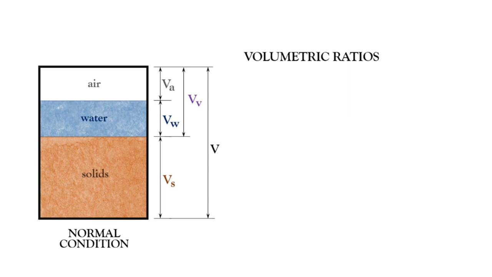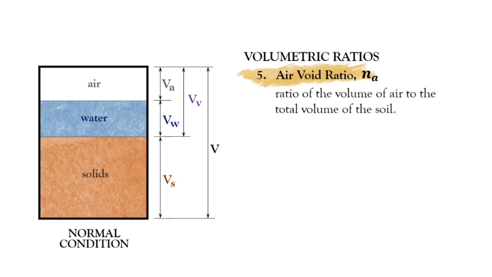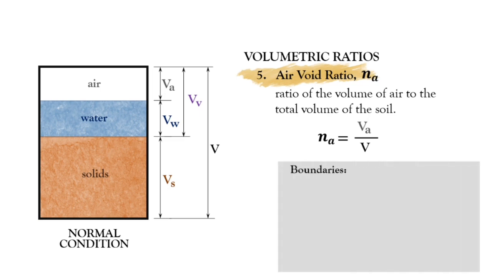And lastly, para sa huli nating volumetric ratio, ang tawag natin dito is the air-void ratio. That is N sub A. This is the ratio of the volume of the air to the total volume of the soil. So this is, by expression, N sub A is equals to VA all over V. So tingnan natin, i-analyze natin yung mga relation na possible between VA, the volume of the air, to the total volume of the soil.